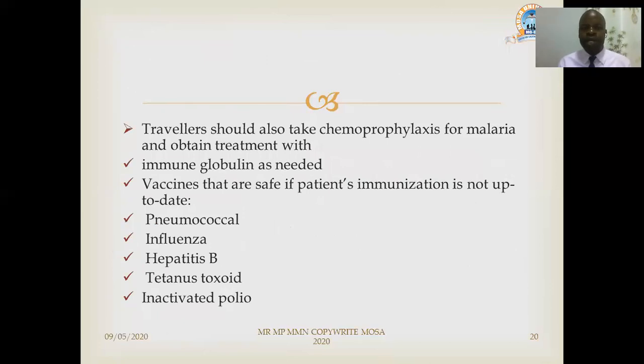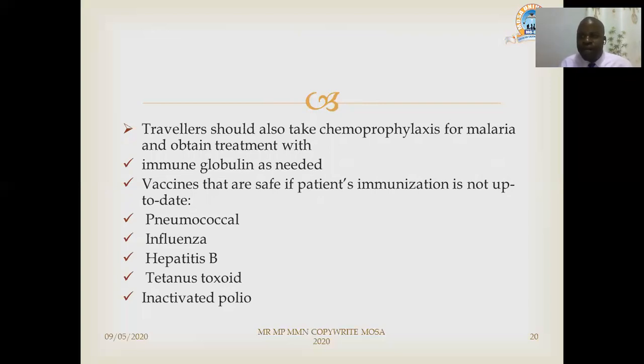Travelers should also take chemoprophylaxis for malaria and obtain treatment with immunoglobulin as needed. So when you are traveling, you don't just think of diarrheal diseases, also think of tropical conditions such as malaria. You can get prophylaxis treatment for malaria, e.g., Doxycycline.